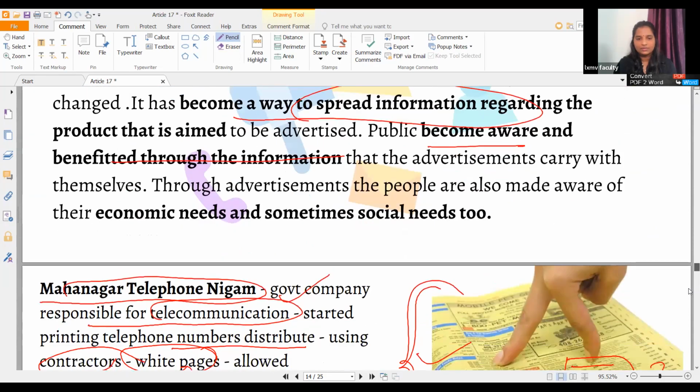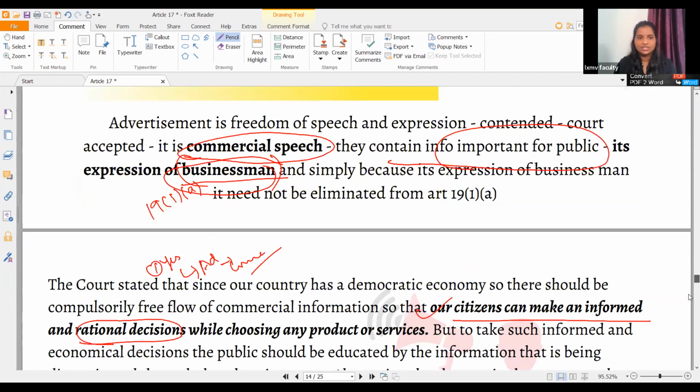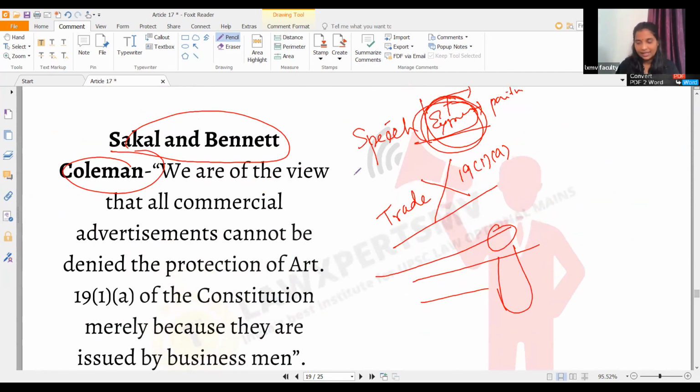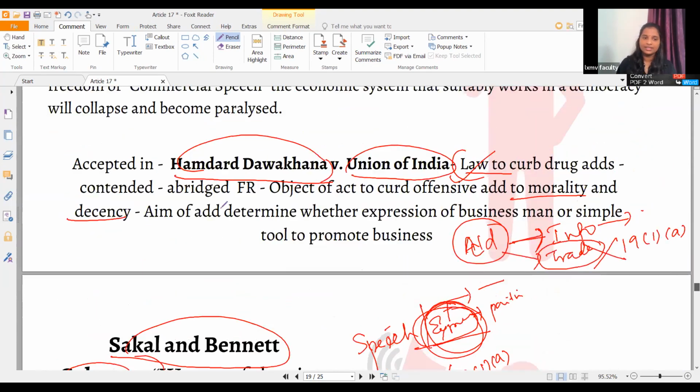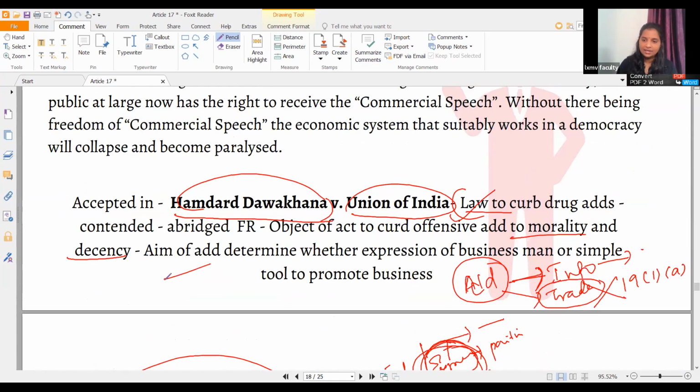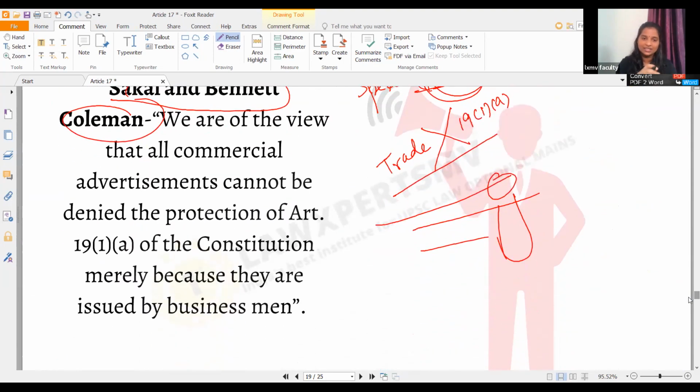So now we'll jump back quickly to the Sakal Papers and Bennett Coleman. Again, they have done an important thing. In the earlier case, there was a distinction drawn between the commercial ads and the ads which are giving you information. This differentiation was diluted later in this case.